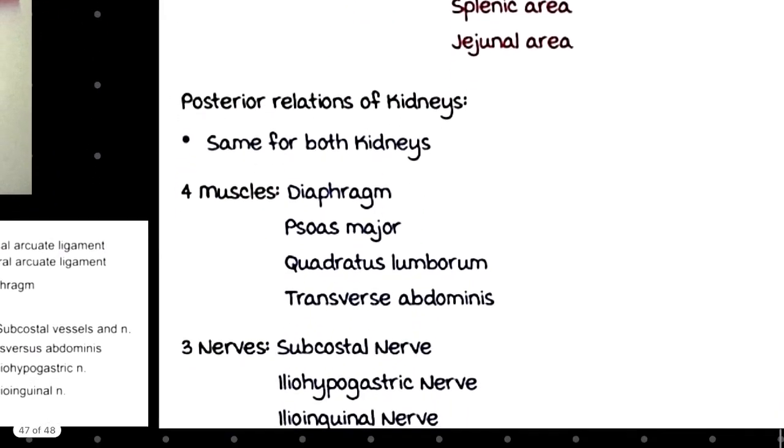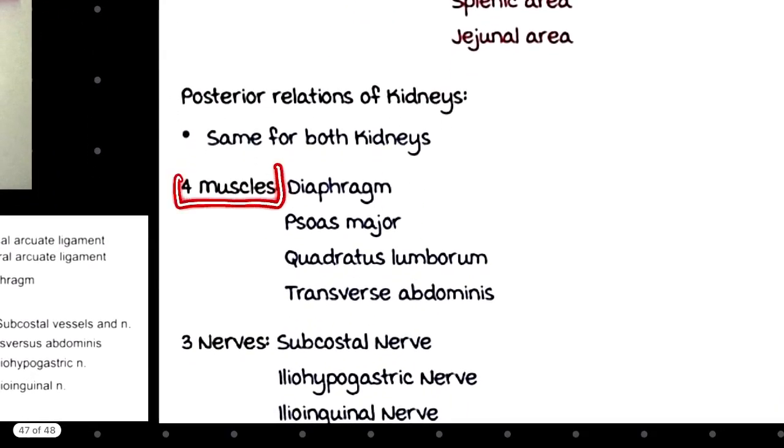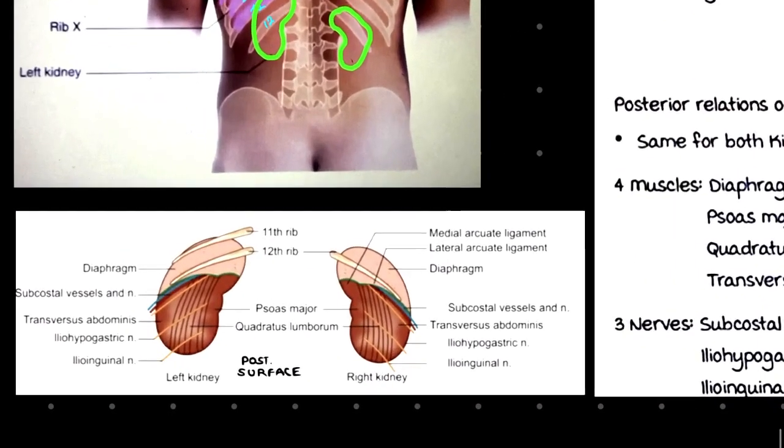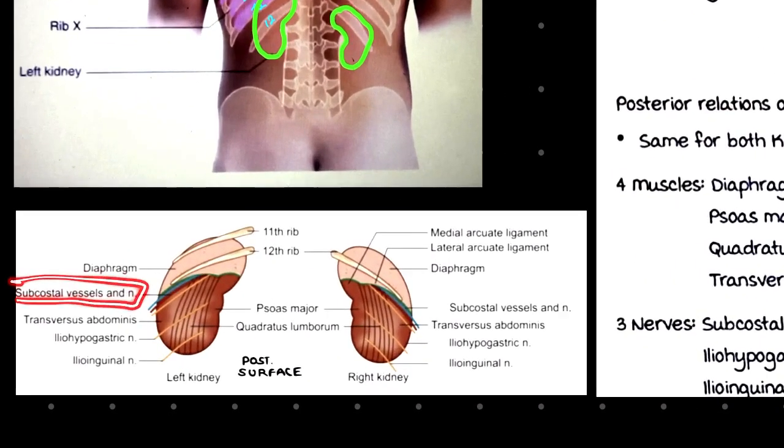Now let us see right here. Okay, it is mentioning four muscles. Here we have transverse abdominis, and we'll be talking about the covering of kidney just after some time. One is our diaphragm, psoas major, the most medial one, quadratus lumborum. And talking about three nerves, we have subcostal nerve, which we talked about, present on the 12th number rib.